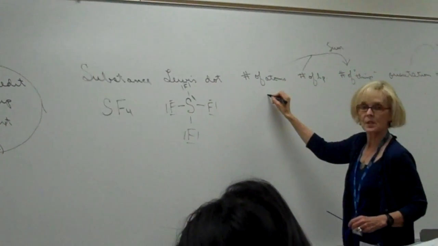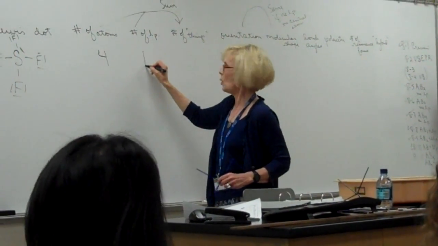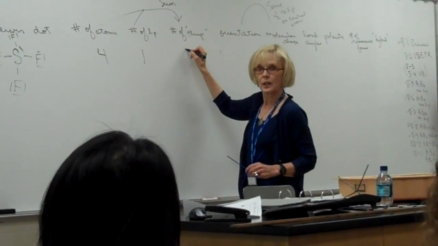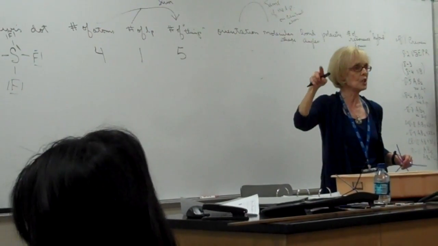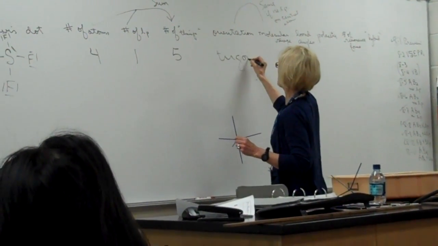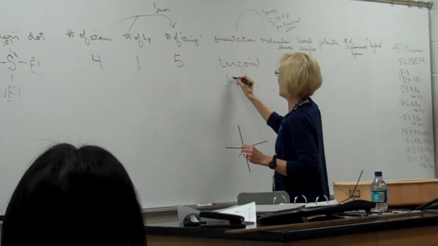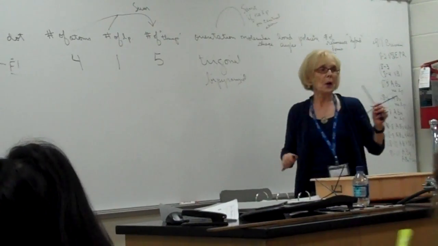How many atoms? 4. How many lone pairs? 1. How many things here? 5. If you got 5 things, the orientation is what? Trigonal bipyramid.